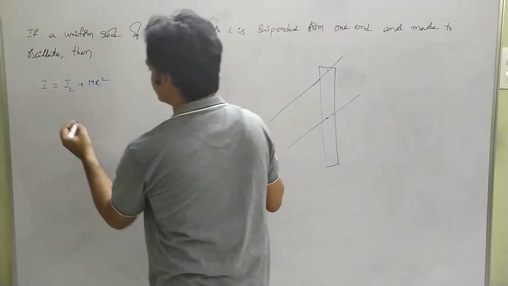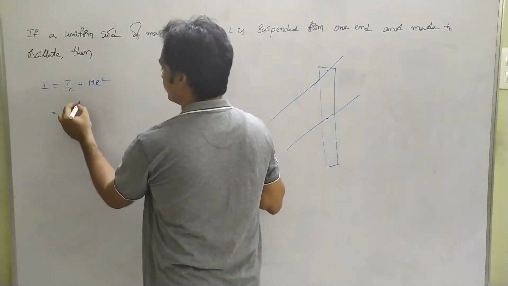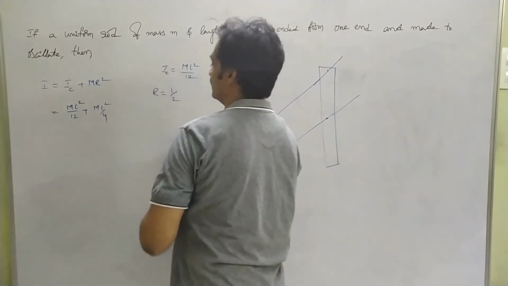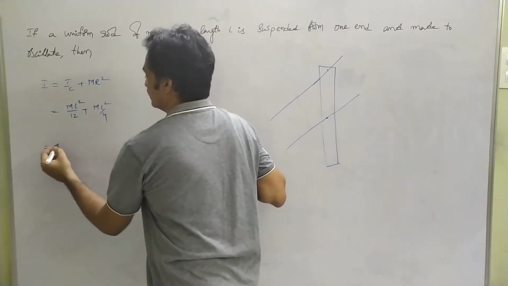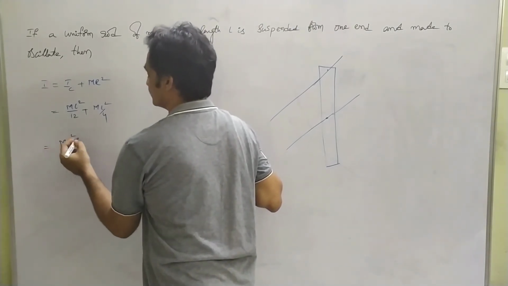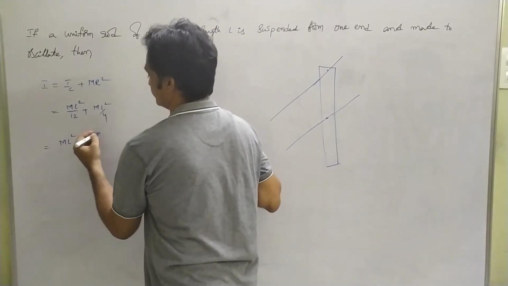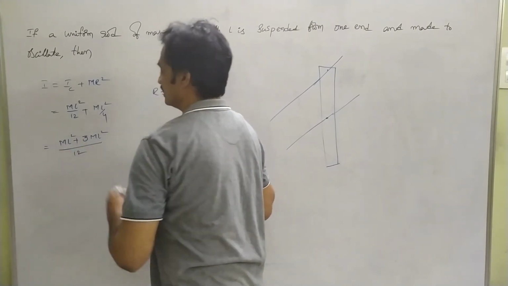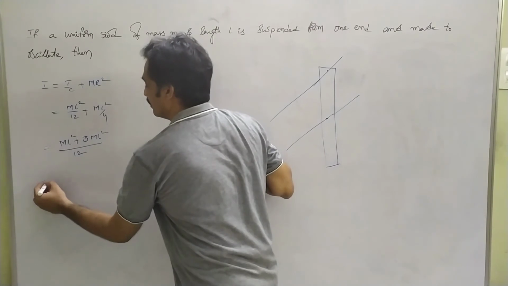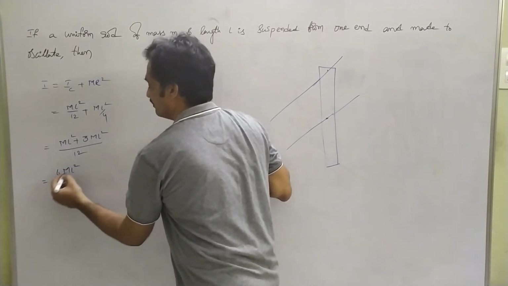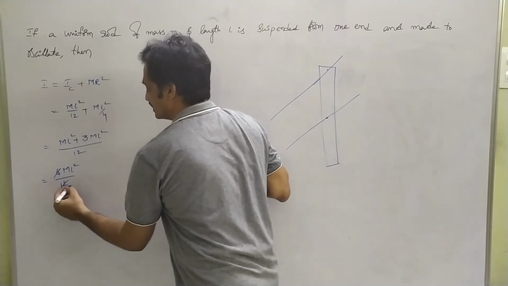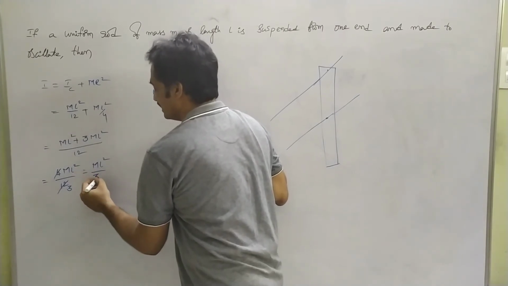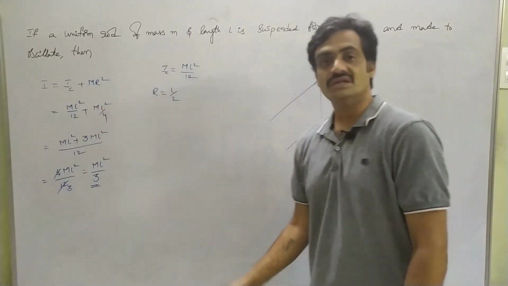As we substitute this value in this expression, we get ml square by 12 plus, observe that r equals L by 2, 3ml square by 12 after doing the LCM. ml square plus 3ml square is 4ml square by 12. So the moment of inertia is represented as I equals ml square by 3.